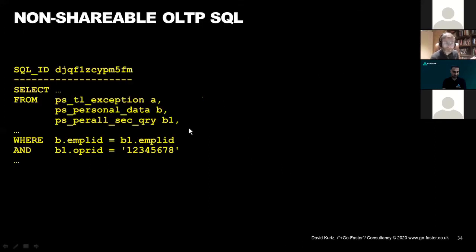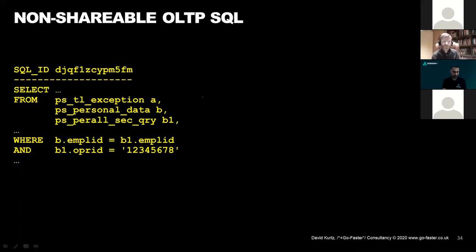Here's a SQL statement which is typical of the problem. It actually comes from a PeopleSoft time and labor batch process. It's saying, does the person who approved this time have the security privilege to approve this time and labor exception?